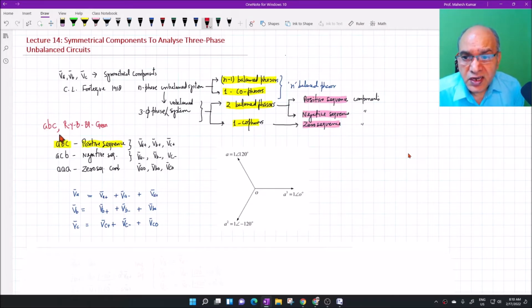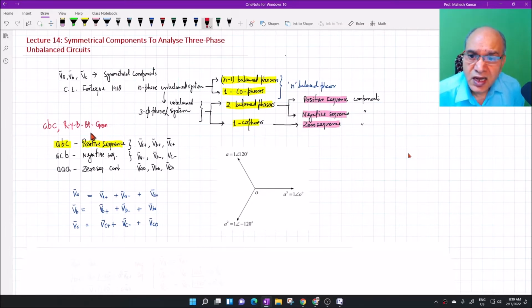In ABC notation we use A for first phase, B for second phase, C for third phase, and then we use the black and green for neutral and ground. I hope you all will be knowing this, just to remind you what is the notation of the phases in the three-phase system.